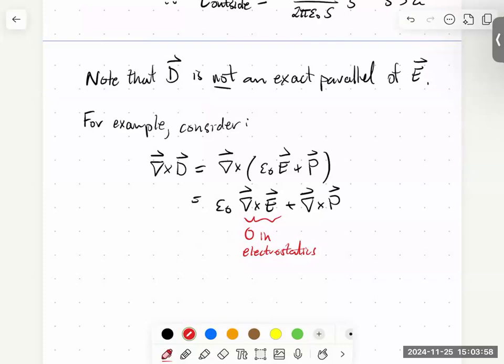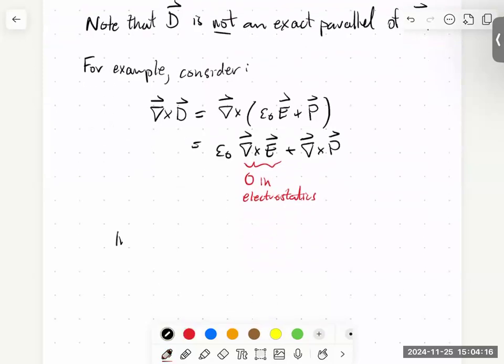But there's no reason to expect that the curl of the polarization is 0. In fact, it often is not the case that it's 0. And so we see that the curl of D is not 0, which means that it's not an exact parallel to the electric field. So in general, the curl of P is not 0, and therefore the curl of D is not equal to 0.